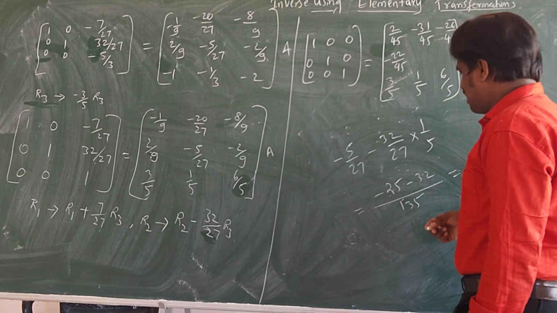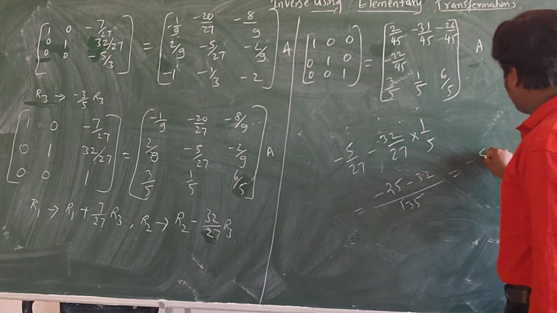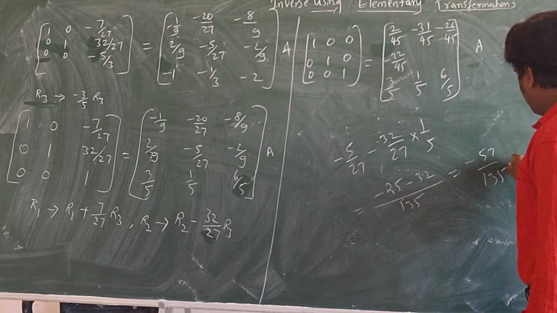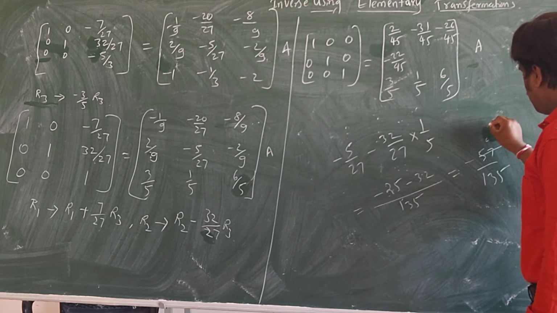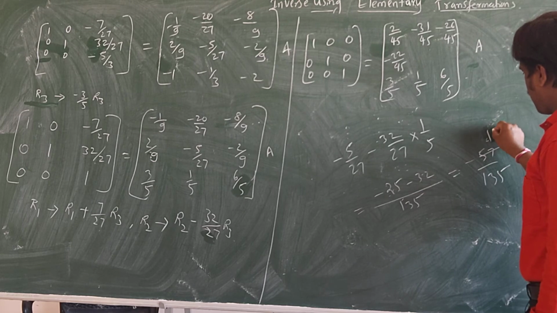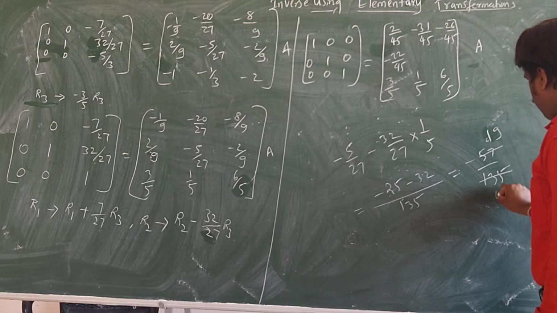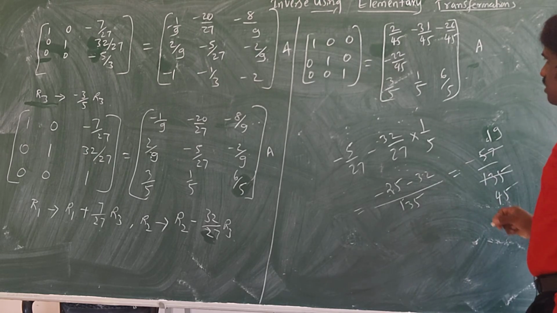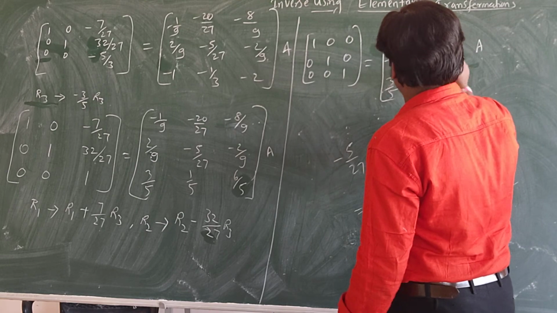So minus 57 by 135. So this will be cancelled. 3 table. 3 ones, 3 nines. Any more cancellation? No. So minus 19 by 45 you got.